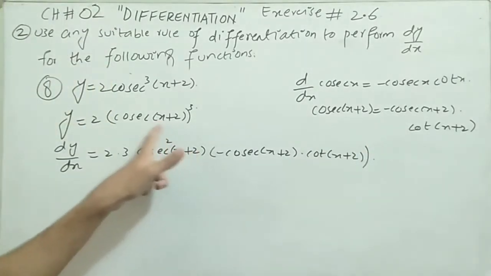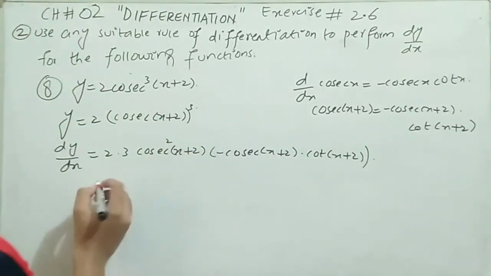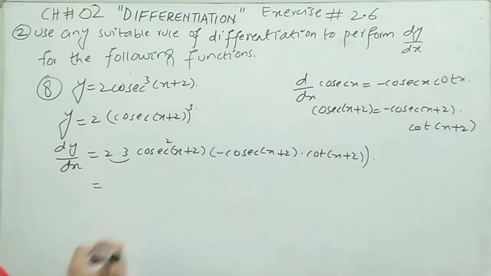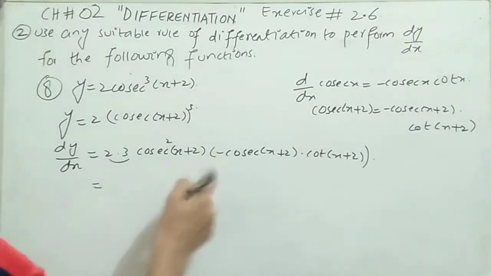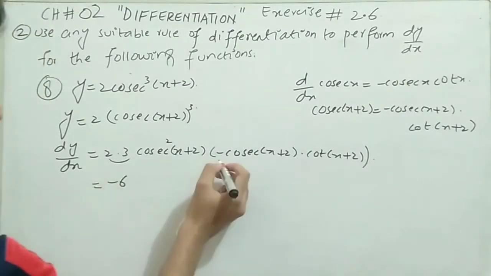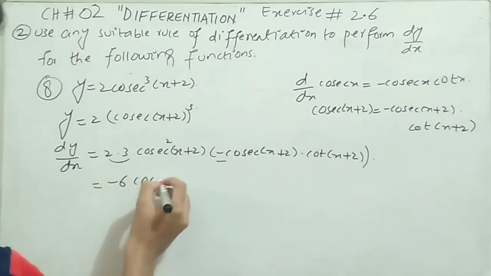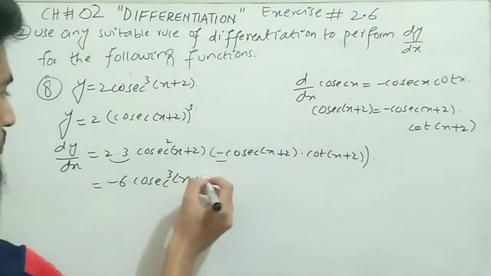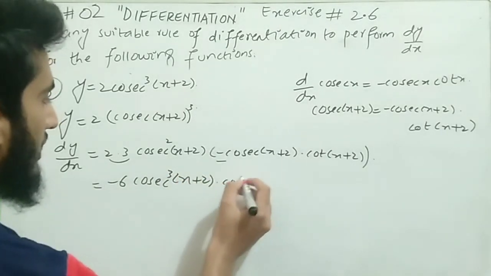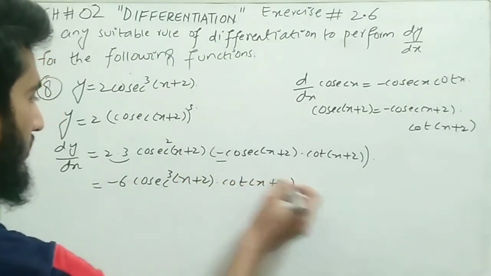And the derivative of the inner function x plus 2 is just 1. So the result will be 2 multiplied by 3, which gives us 6, and here is a minus sign. So minus 6, and cosecant of x plus 2 and cosecant square of x plus 2 become cosecant cube of x plus 2 dot cotangent of x plus 2. This is the required derivative.